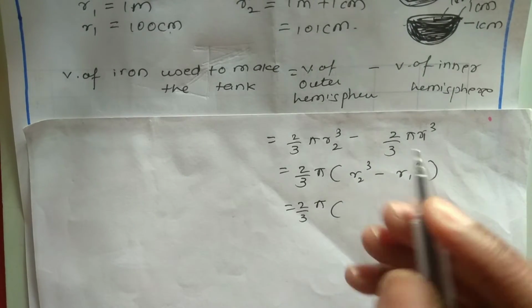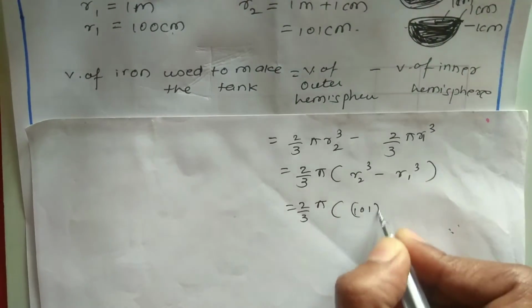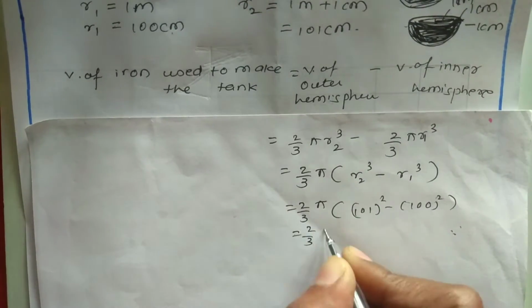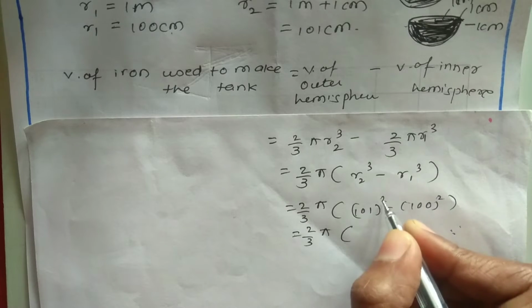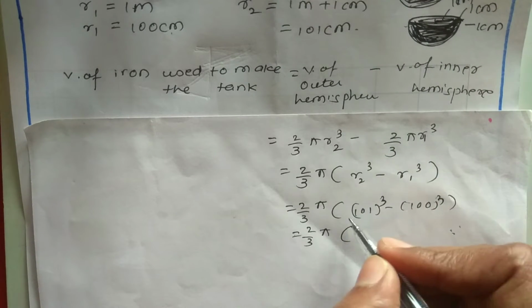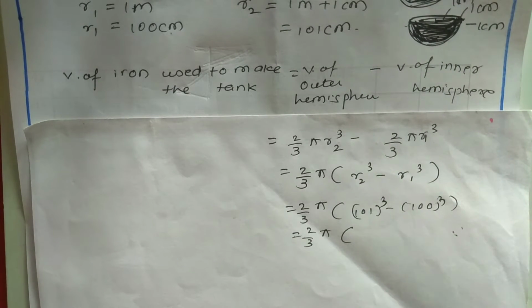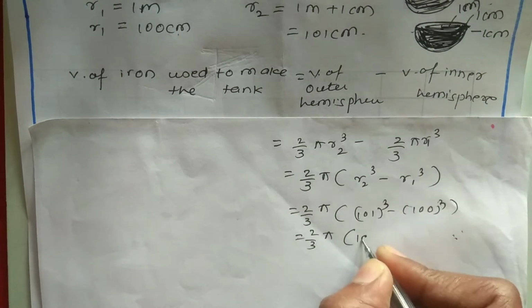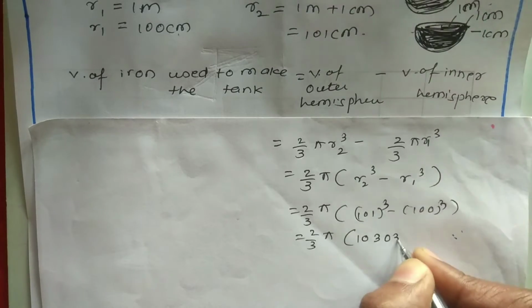So r2 is 101, so it is 2 by 3 into pi, into 101 cube minus 100 cube. 101 cube means 101 into 101 into 101, three times you have to multiply 101. So finally you get the answer as 1030301.